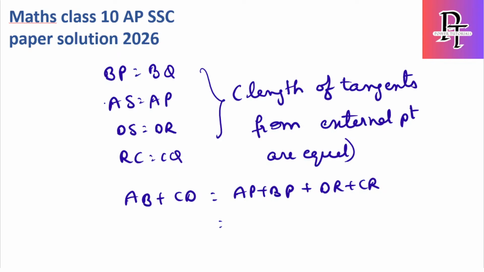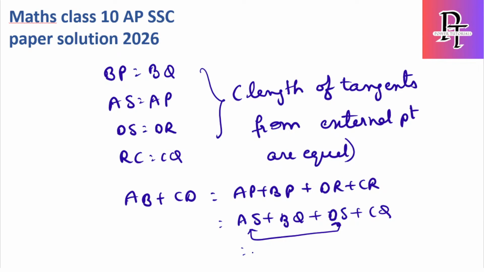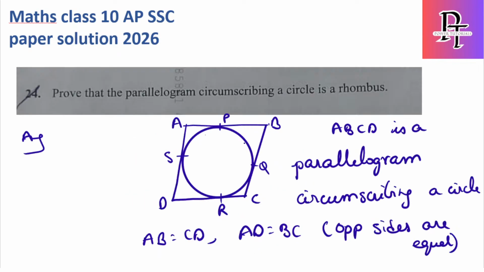So AP I can write as AS, BP I can write as BQ, DR I can write as DS, and RC I can write as CQ. If you notice, AS plus DS is nothing but AD. So this I can write as AD plus BQ plus CQ. BQ plus CQ is nothing but BC.